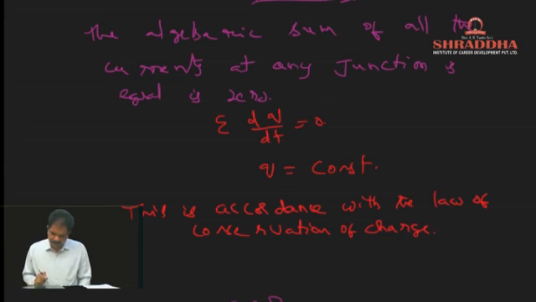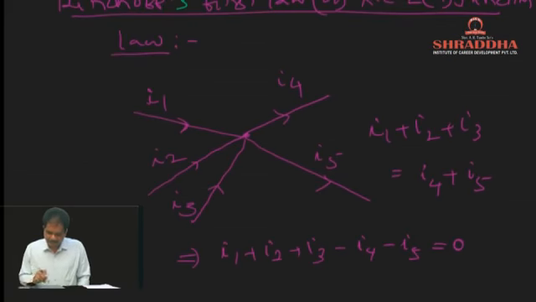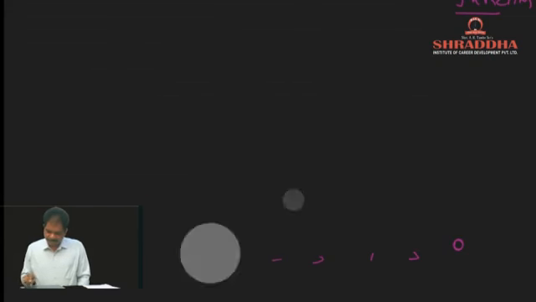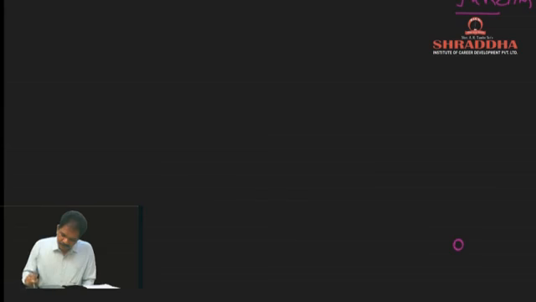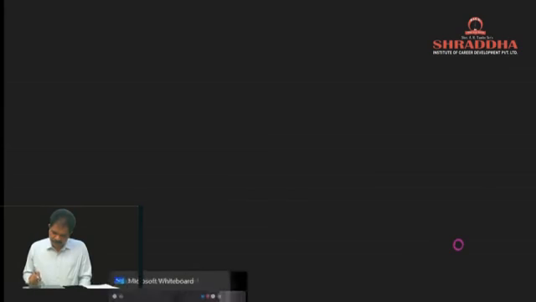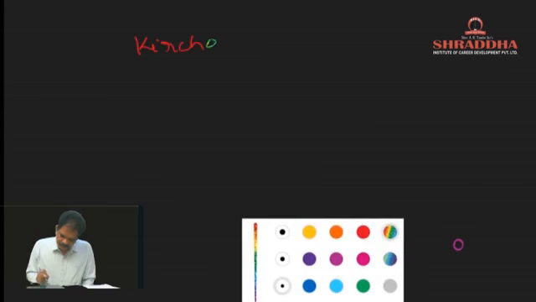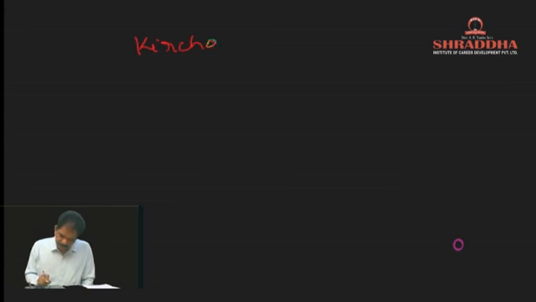Next we will see Kirchhoff's second law. What is Kirchhoff's second law? Let us see about that. Now Kirchhoff's second law.